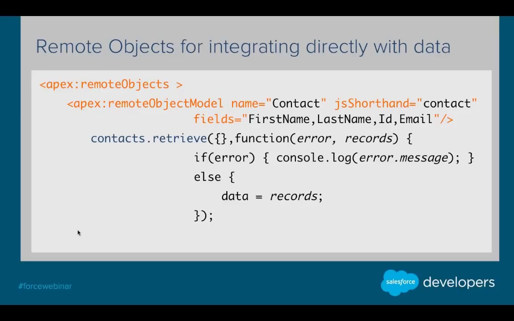And so it's akin to a standard controller, but it's also very important to point out that, unlike a standard controller, where you have one standard controller per page, we can actually bind multiple object models down to the same page. So you could have contact, account, and opportunity.